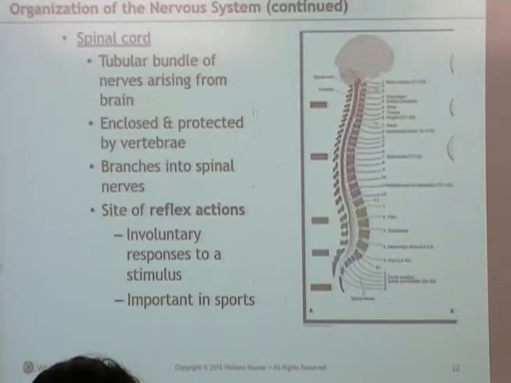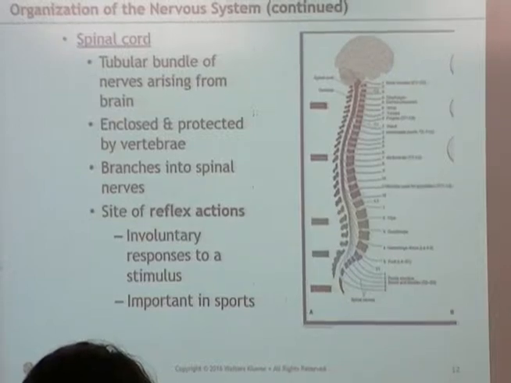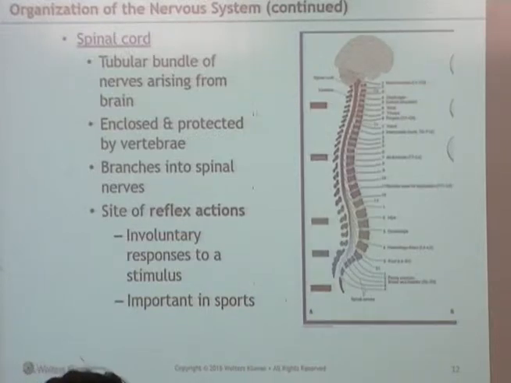Reflexes are also, the more we're finding out about them, the more important they become in sport. In sports like cricket and baseball, where you have to respond very, very quickly to a ridiculous ball, what we're finding now is that a lot of that response can be organized at the spinal level.